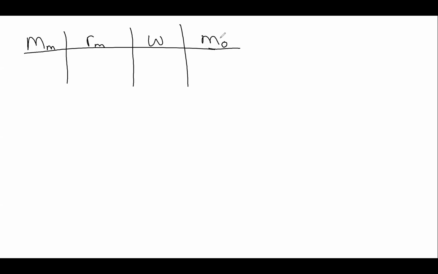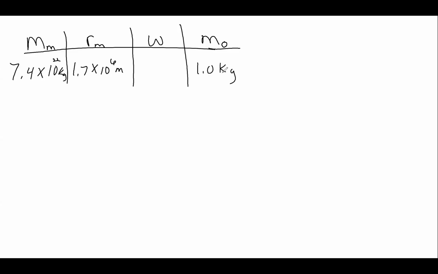The mass of the moon was 7.44 times 10 to the 22nd kilograms. The radius was 1.7 times 10 to the 6 meters. We're looking for the weight of an object whose mass is just 1 kilogram.